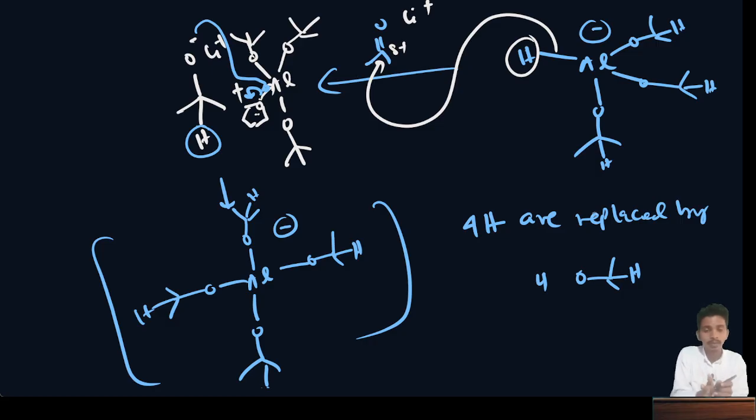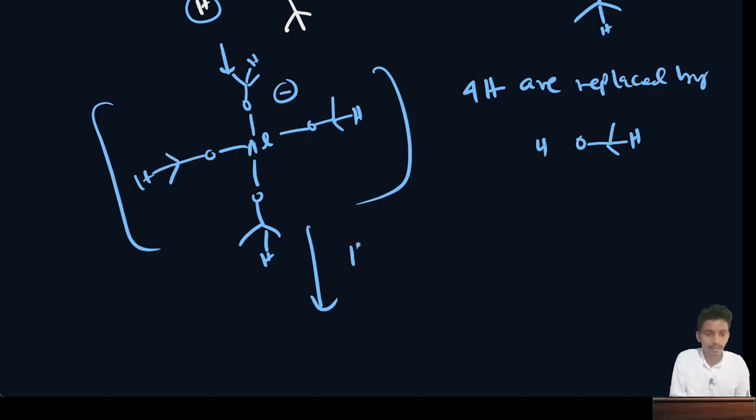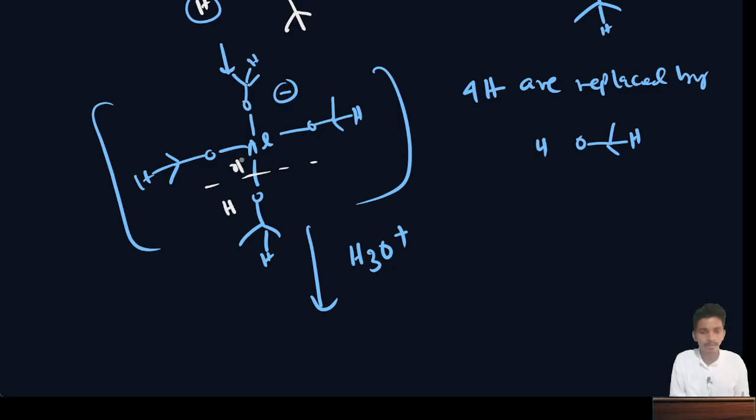Now after the completion of the reaction, this is the reaction mixture. After that we will do a workup, that is hydrolysis. Workup means we are doing the hydrolysis, meaning we quench it with an acidic medium of water, let's say H3O plus. Then here we add H and here it is going to be OH.